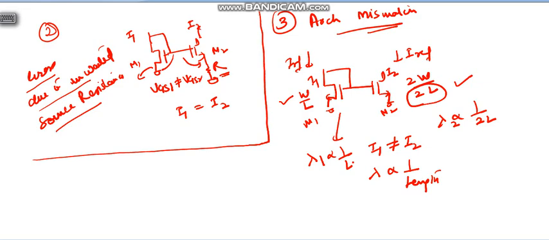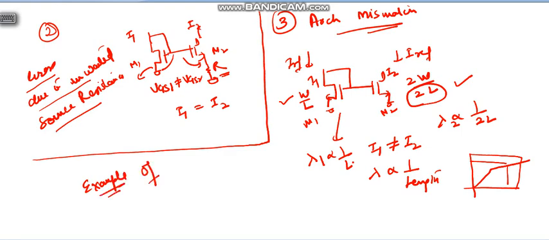Because of this lambda effect, if we draw the ID versus VDS graph, because of the difference in lambda there is a possibility of current mismatch. So all these types of mismatch are examples of systematic mismatch.